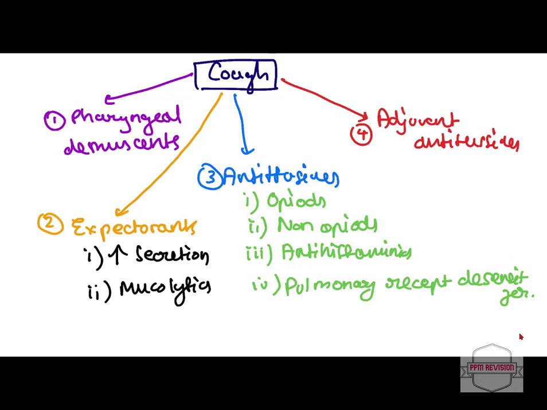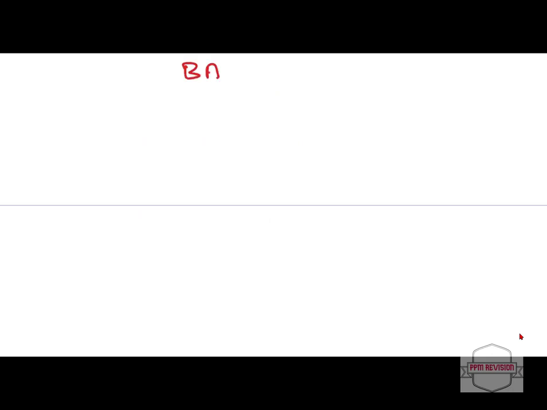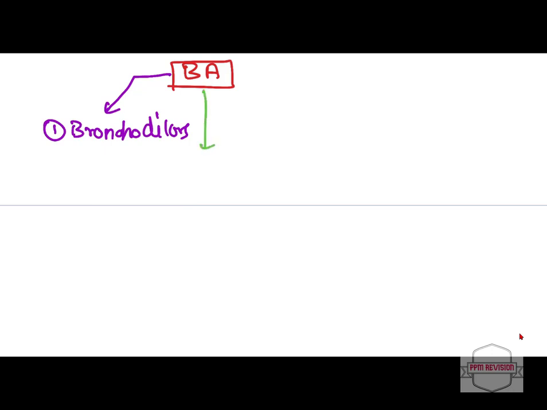Now, as we are done with cough, we'll be moving ahead, and after cough we'll be discussing, as told earlier, bronchial asthma. I'm writing it short as BA. So here, again, we'll be just looking at the skeleton of what we are going to learn. First one being bronchodilators. Second one being leukotriene antagonist.